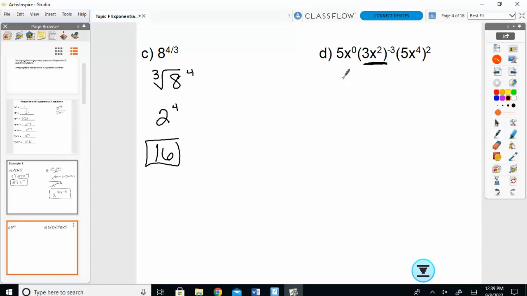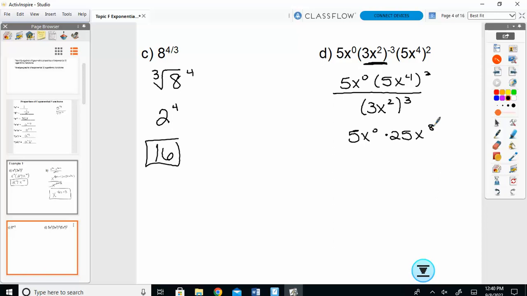So let's start here. That has a negative exponent, so where does it go? Alright. So then if we start distributing these exponents, 5 squared is 25, x to the 8.